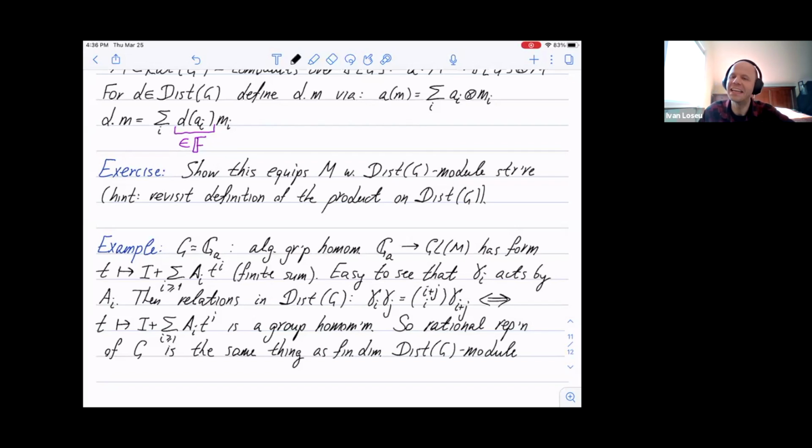So true or false? Is this here a true statement or a false statement? Does anybody have suggestions?